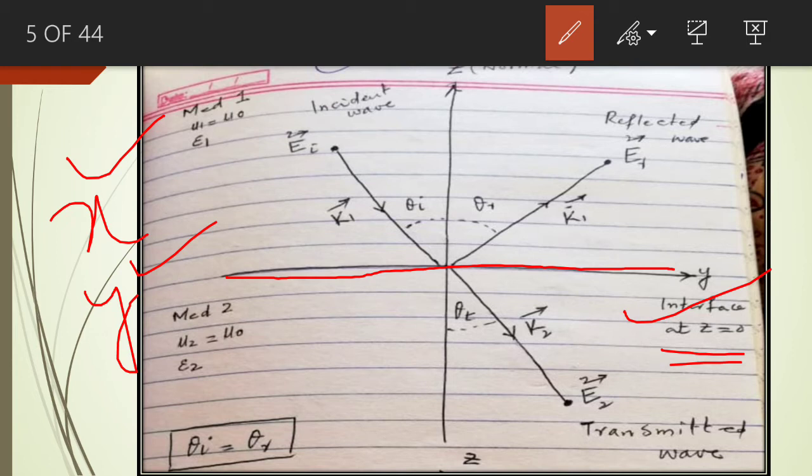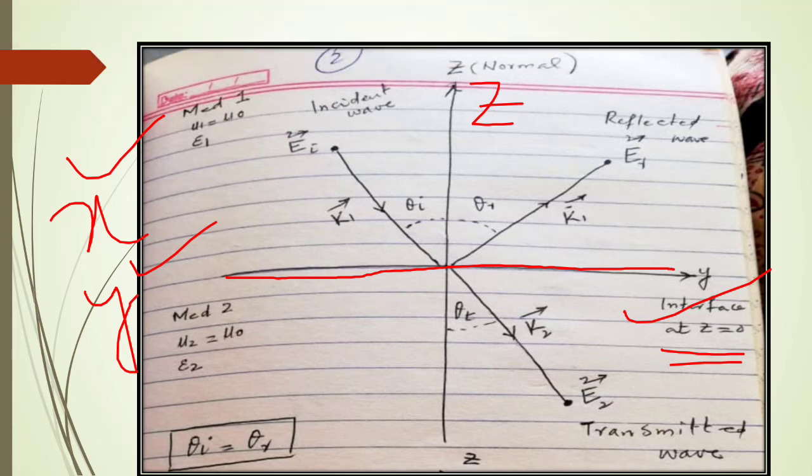And z-axis, you see here is z-axis. Z-axis is normal to the interface. Z-axis is normal to the boundary. So the only coordinate which is normal to the boundary is your z coordinate. X coordinate is tangential to the interface. Y coordinate is tangential to the interface.